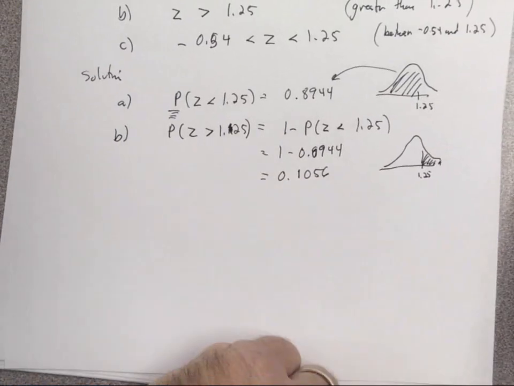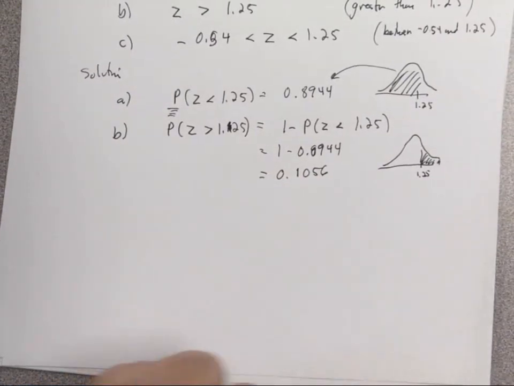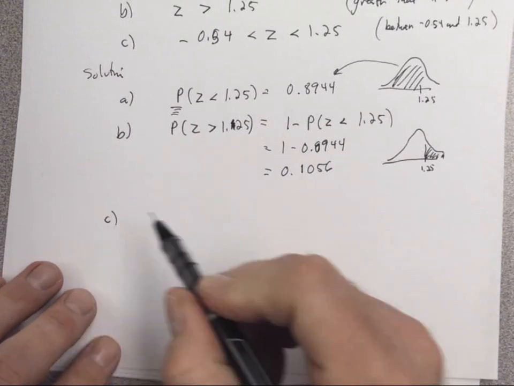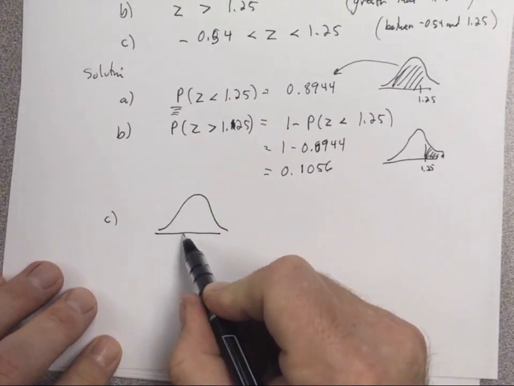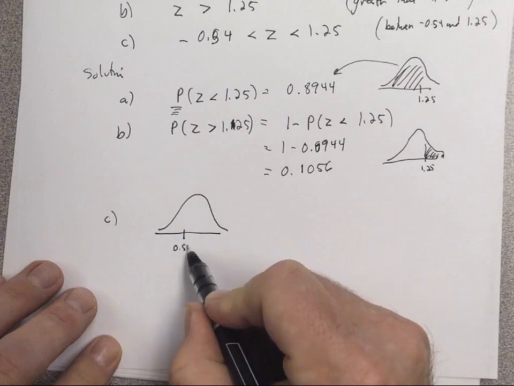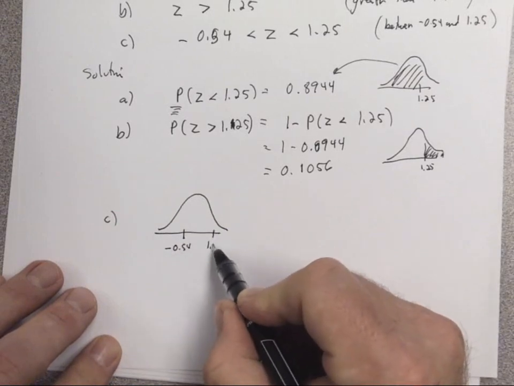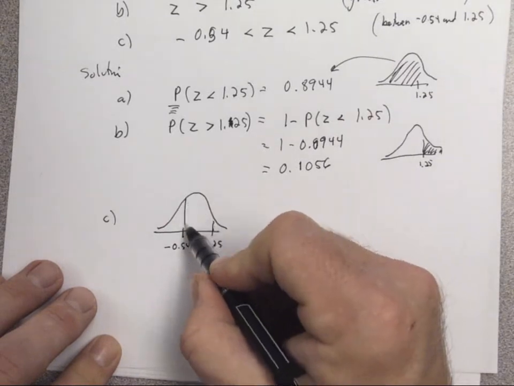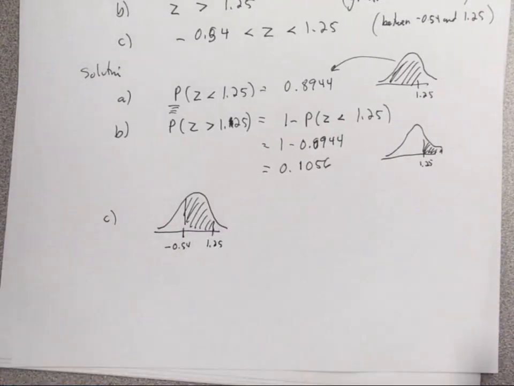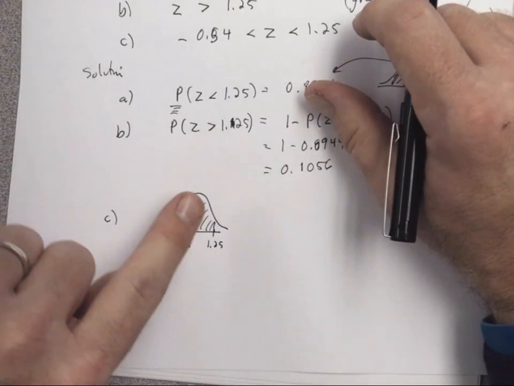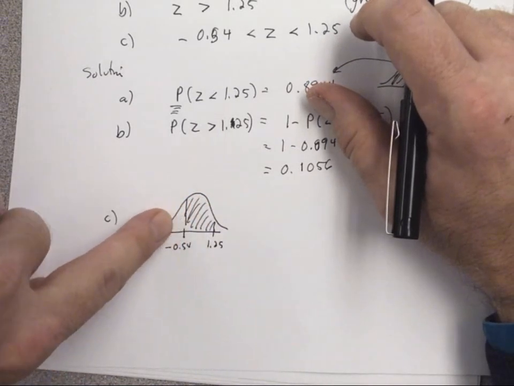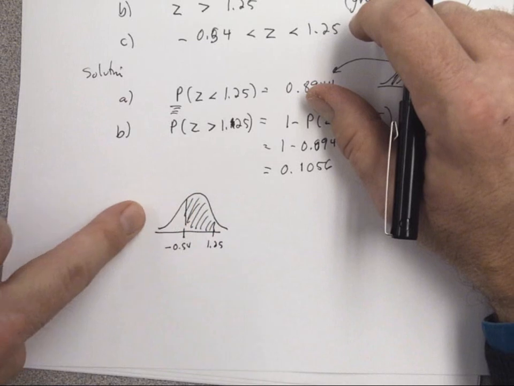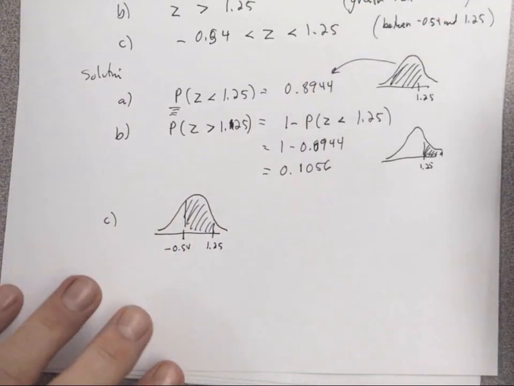Now I'm looking for area between negative 0.54 and 1.25, this area here. The way we find that is we find the area to the left of 1.25, the entire area, and then you subtract off this white area. So it's the bigger area minus the little area that gives you the area between.